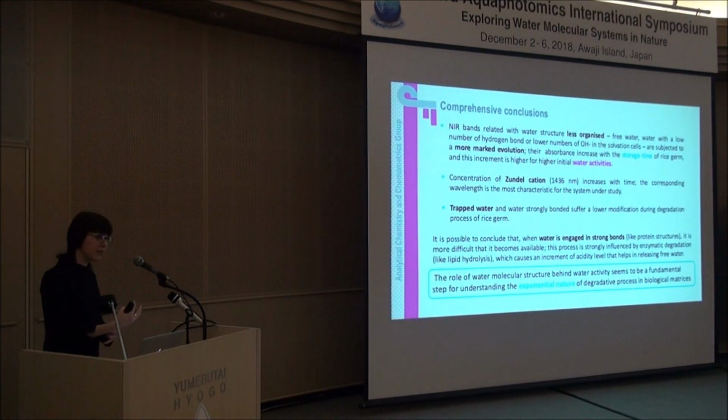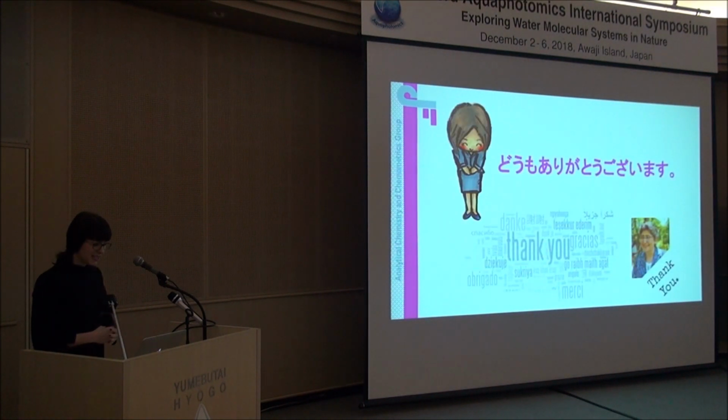We have more water release, the enzymatic degradation increases, and this enzymatic degradation releases again water. So in our opinion, this work helps to understand a little bit more about the exponential nature of the degradative process of food. So with this slide, I finish.